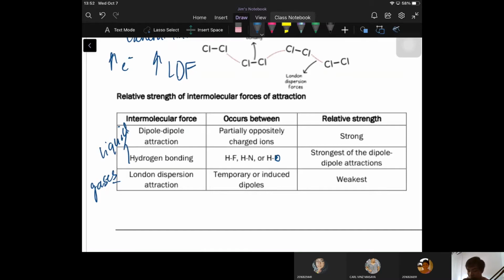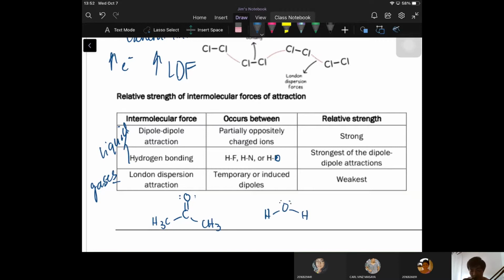So, let me draw acetone. And water, H2O.